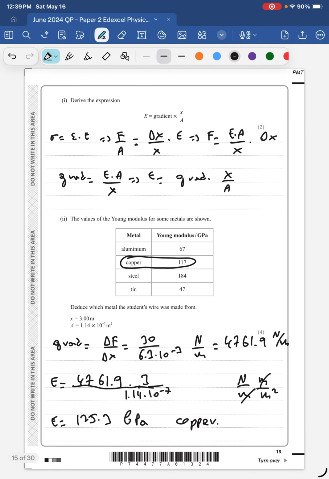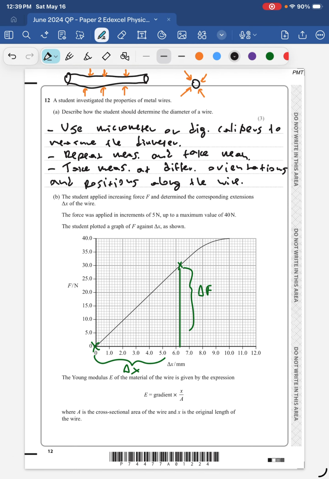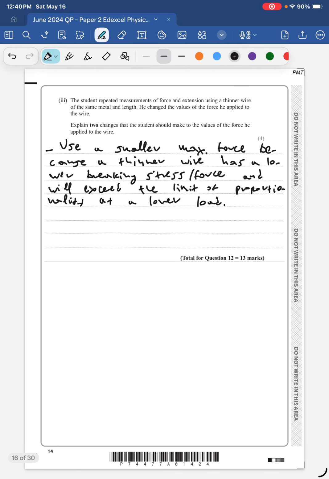The limit of proportionality, if we use this graph, is maybe this point over there where it starts bending, because below that you have a linear relationship. Let's move on.